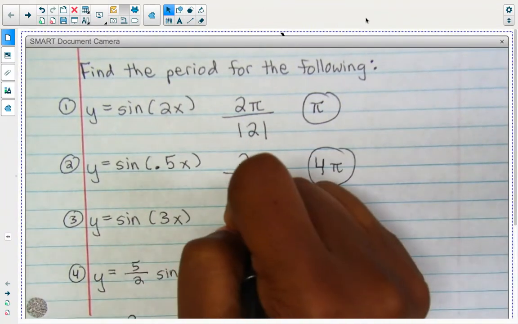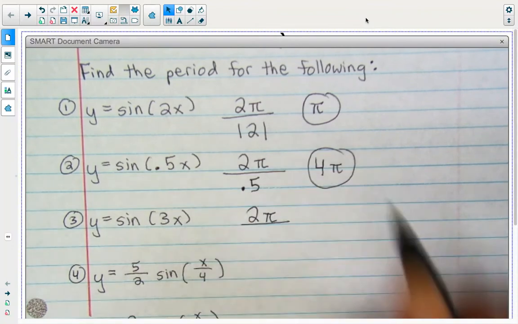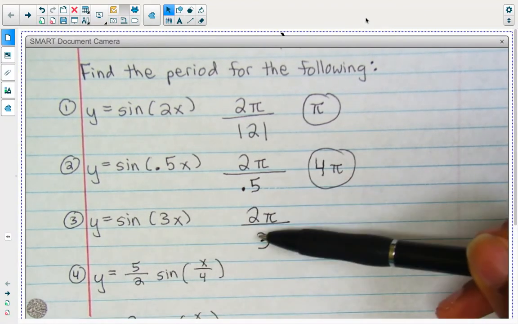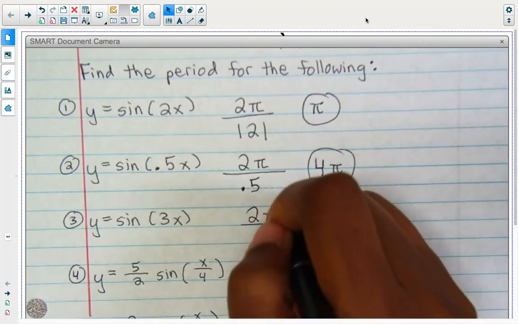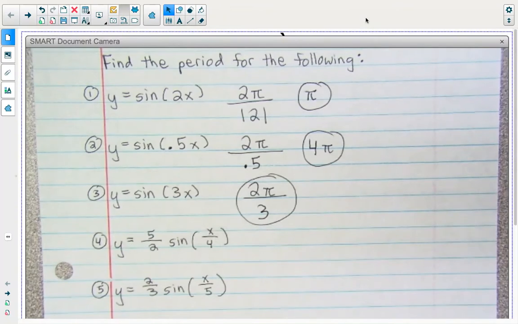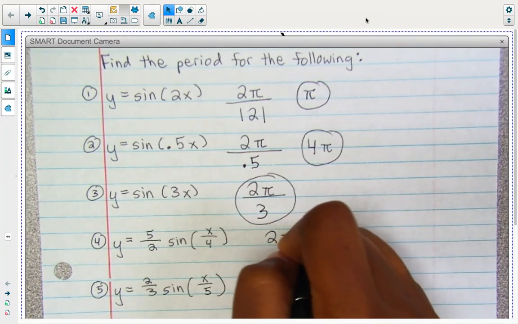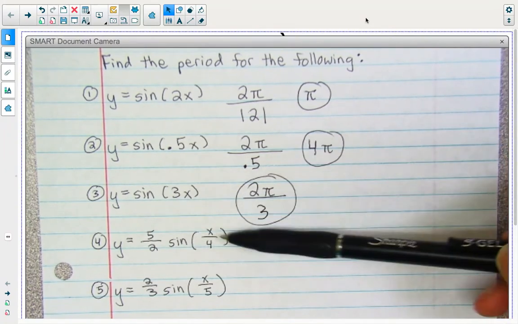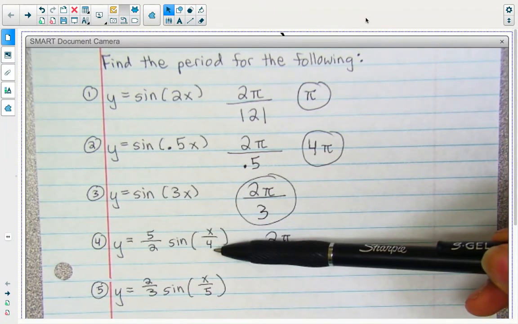Number 3. 2 pi, my b is 3. I can't simplify 2 pi over 3 any more than what it already is, so that's my answer. Number 4, b is 1/4. So this is written top, bottom, numerator, denominator, but I also can write this as 1/4 times x.